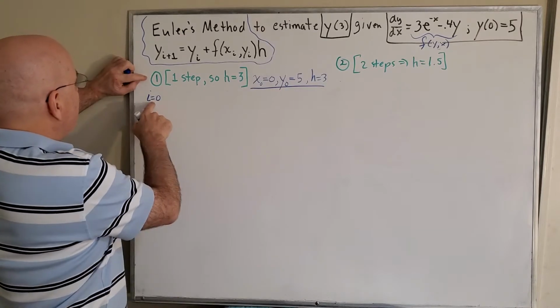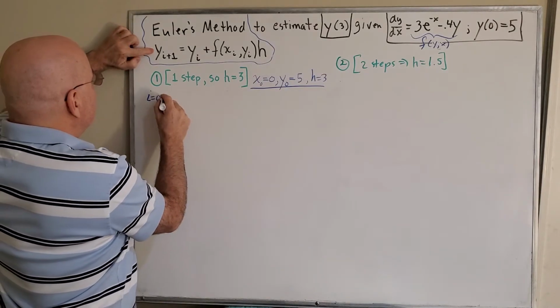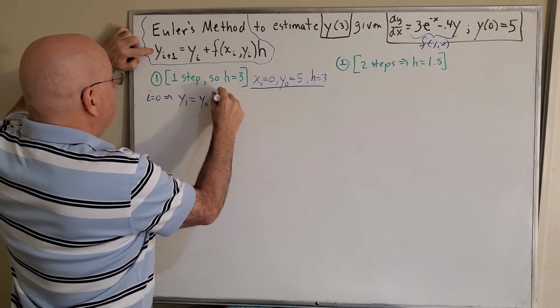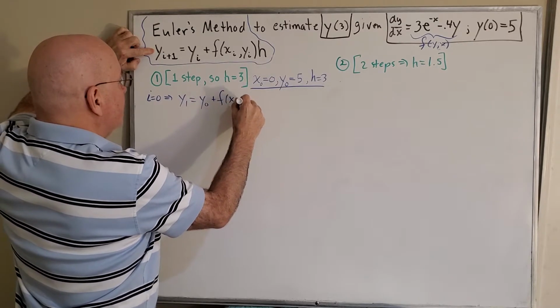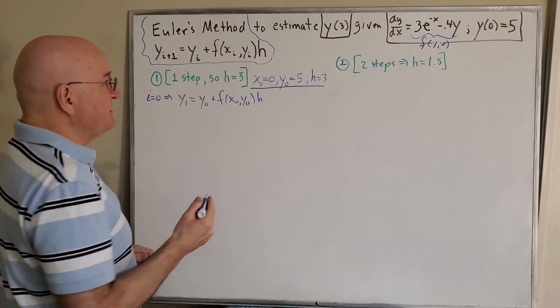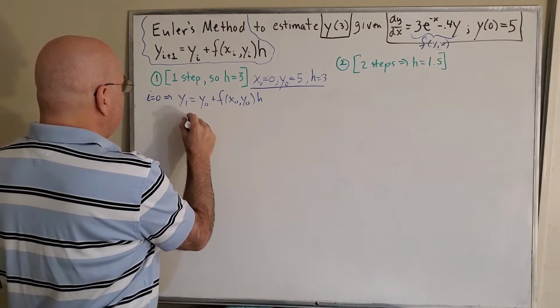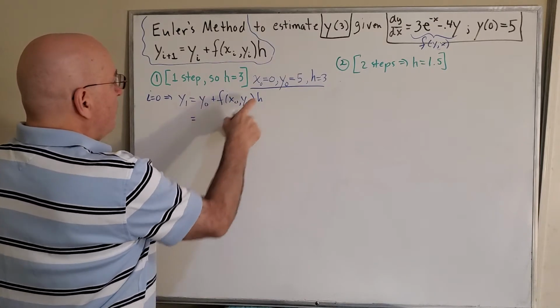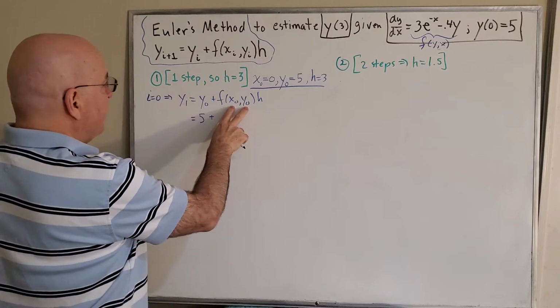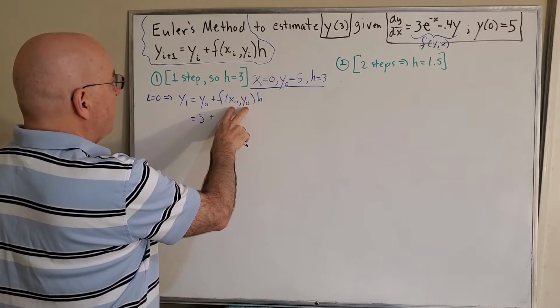Okay, so i equals 0 would give us the formula y1 equals y0 plus f of x0, y0 times h. So let's just plug it in and see what we get. y1 is equal to y0, which is 5, plus f of 0, 5.